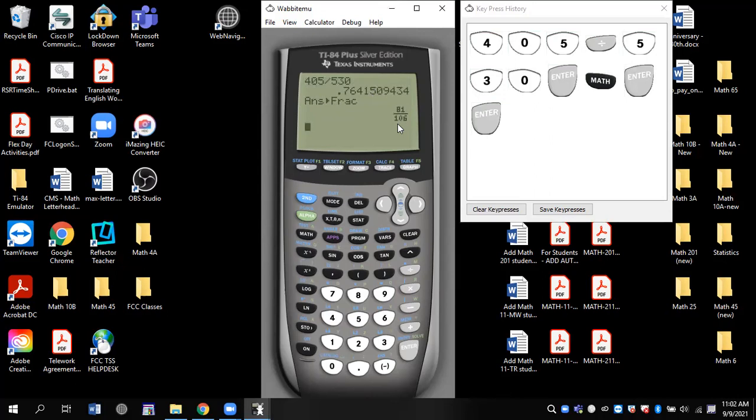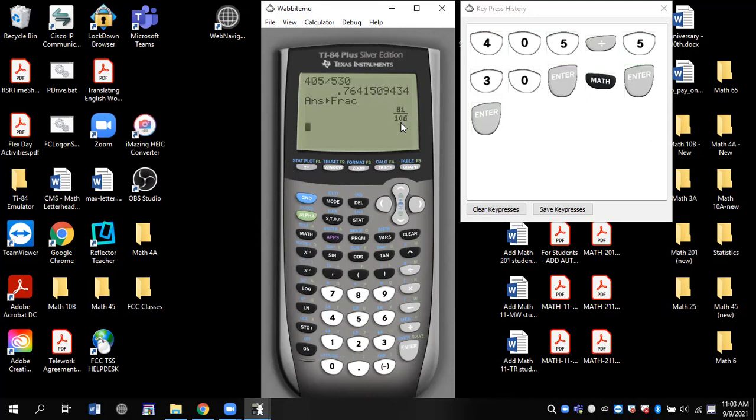Isn't that nice? So when you have a decimal on your screen and you're being asked for a reduced fraction at any time, just hit math, enter, enter, and it'll change it to a reduced fraction. Like that, right? Is that good?